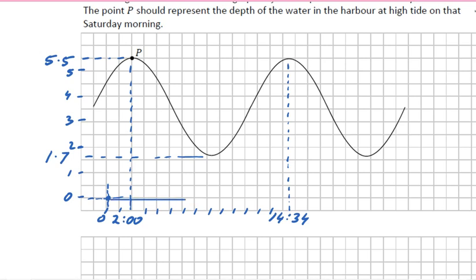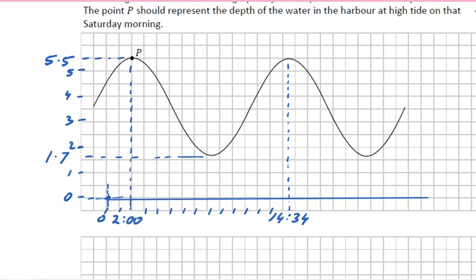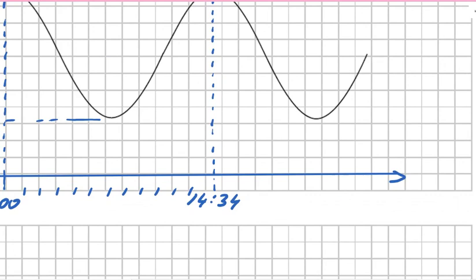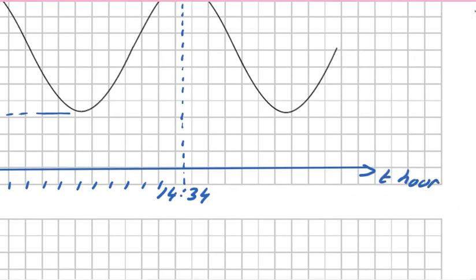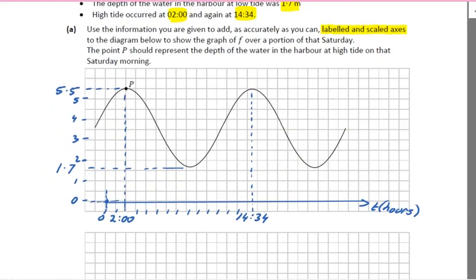So from there, that's now our x-axis, or our t-axis. So time is measured in hours. And we can do the same vertically.